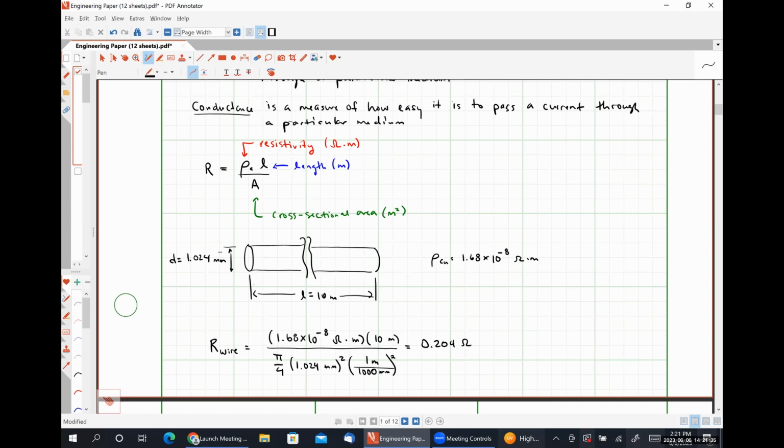So we had a 10 ohm resistor, and then we had a 10-meter long section of wire. The resistance of the resistor is still 50 times larger than the wire. Well, what do you think is going to happen when we use short sections of wire? The resistance of the actual resistor is going to be significantly larger than any amount of wire that we're going to use in any practical sense.